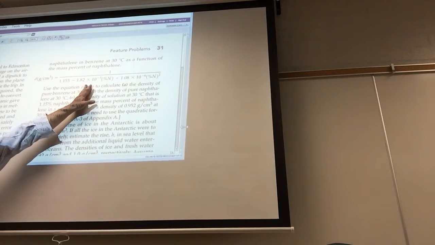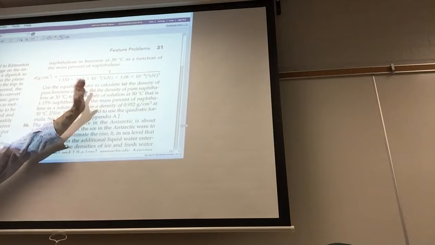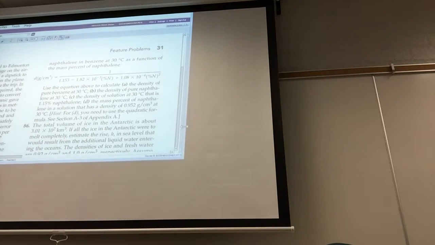This equation here is what we call an empirical equation. This could be a law, the law of the variation in density based on the composition of a mixture of, do you guys remember what this makes? Naphthalene and benzene mixture. The two organic liquids that mix pretty well. They're hydrocarbons.